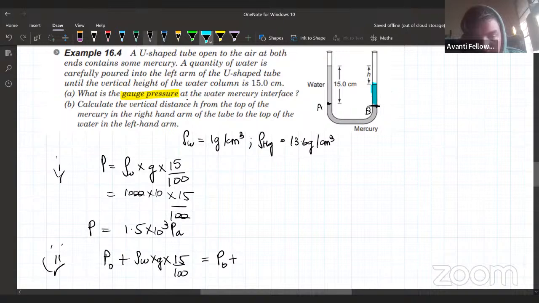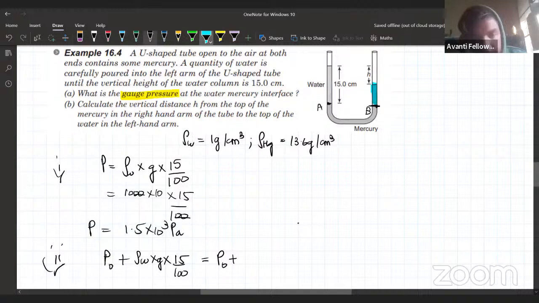Just substitute all the values, you'll get your answer. P naught and P naught will get cancelled out. Rho of water is 1000 into g is 10 into 15 by 100, which will be equal to rho of Hg, 13.6 into 10 to the power 3, into 10 into (15 minus h).